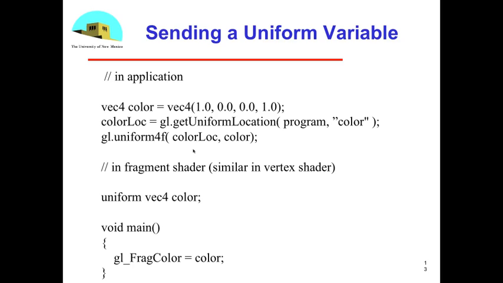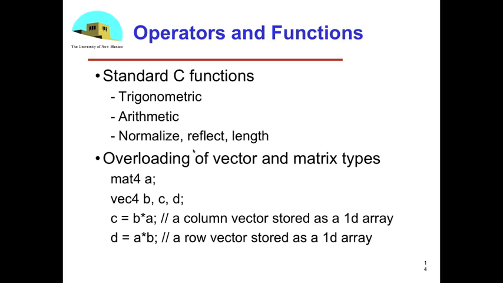Okay, so now let's talk a little bit about some of the functions that are in there. The simple part is that all of the standard C, C++ like functions, Java functions are in there. So all the trigonometric functions are in there. All the standard arithmetic functions are in there. You get a few more to help you with the kind of geometric and vector calculations you might want to do.